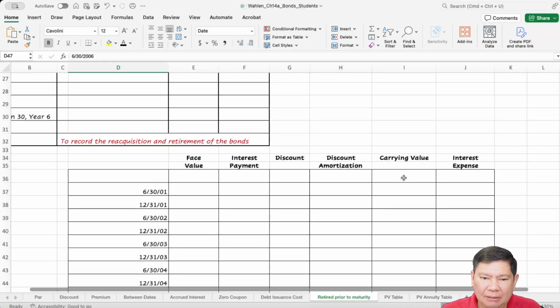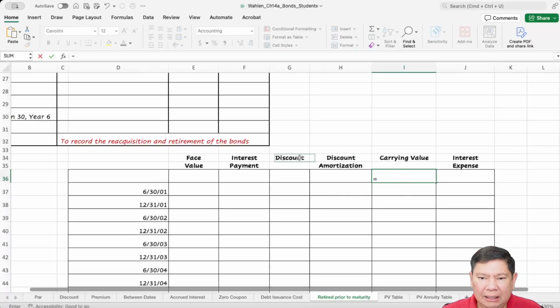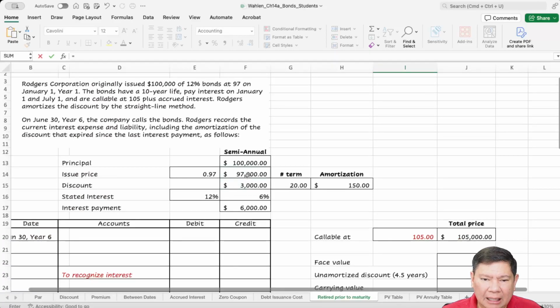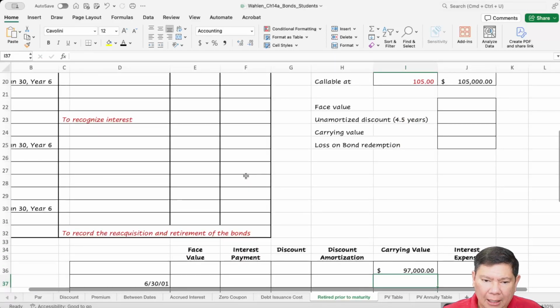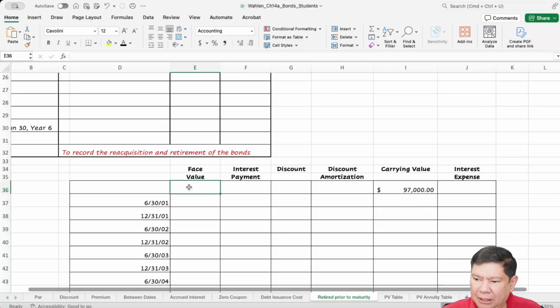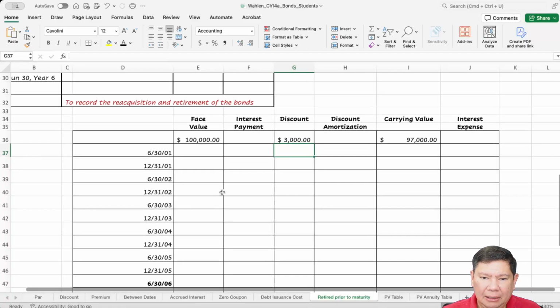Okay, the carrying value, we started with $97,000. The face value is 100,000. The discount is 3,000. So the face value will always be 100,000.